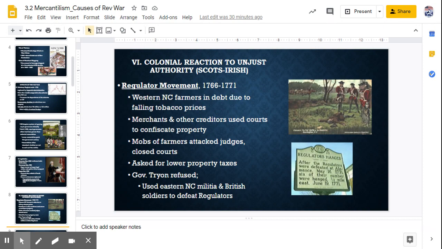But this Regulator movement encouraged people to see that perhaps there are times when taxation might be unfair, that if people don't feel that they have any role in trying to make sure that the laws and the taxes that they're required to pay have their input, they're going to resist.